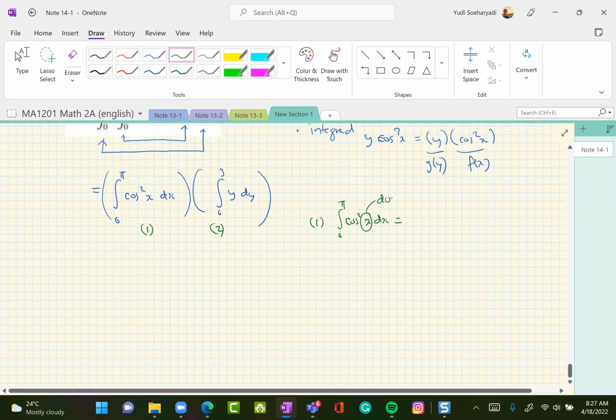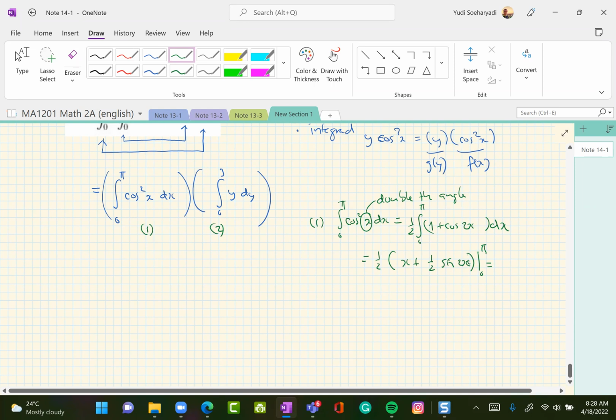Here, use the double angle formula: one half of one plus cosine 2x. Then what you get is just one half of x plus one half sine 2x, from 0 to pi. Plug in 0, everything's 0.